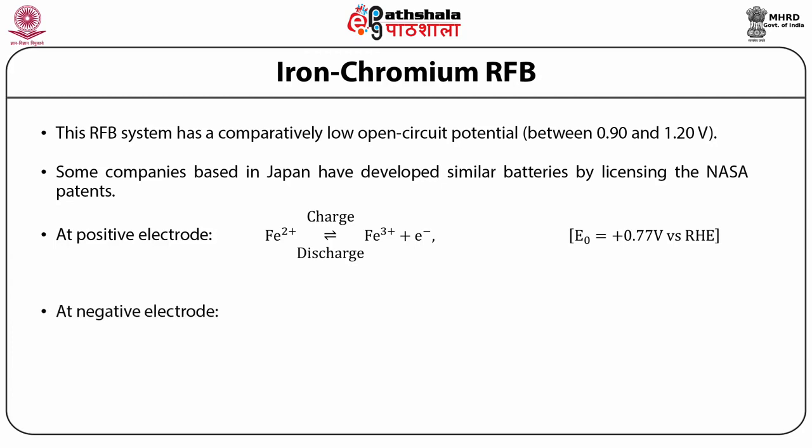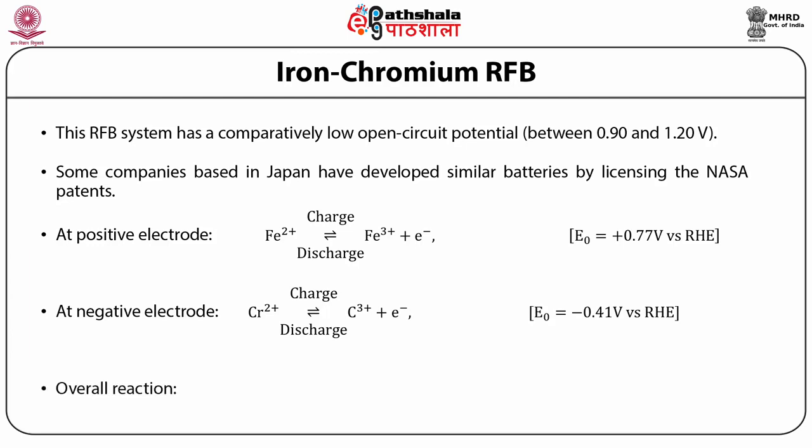At the negative electrode, Cr2+ charges or discharges to give Cr3+ plus 1 electron, with E0 equal to -0.41 volts versus RHE. The overall reaction now becomes Fe2+ plus Cr3+ charges or discharges to give Fe3+ plus Cr2+.